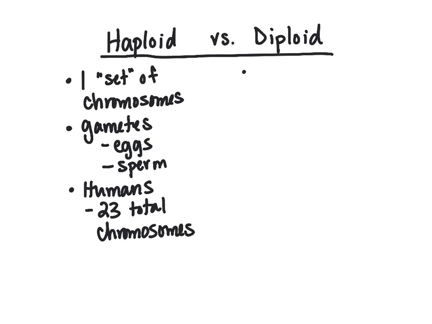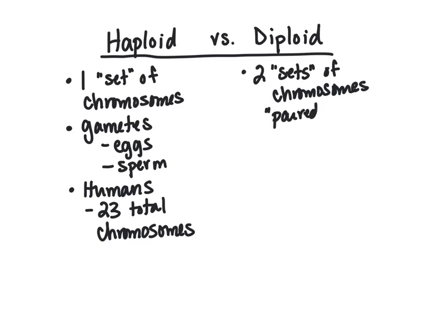Now, diploid means that there are 2 sets of chromosomes. Instead of saying 2 sets of chromosomes, we could say that there are paired chromosomes. The diploid situation is found in basically all of your somatic cells. Somatic cells are all the body cells except for the gametes.